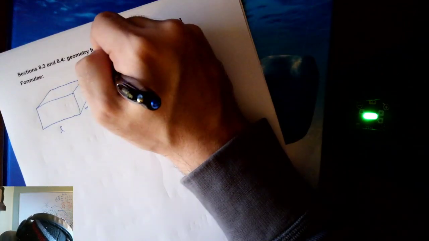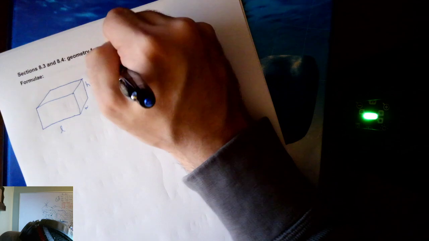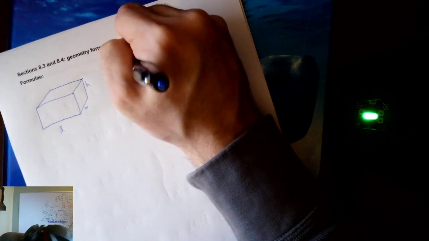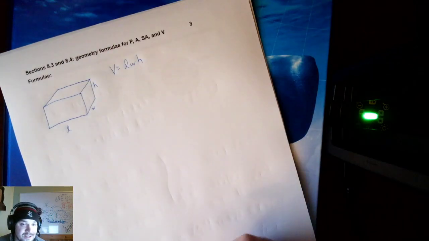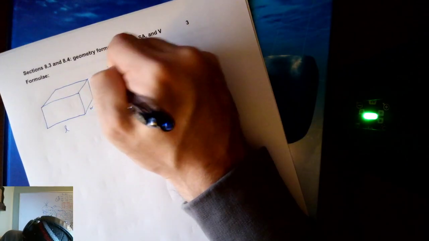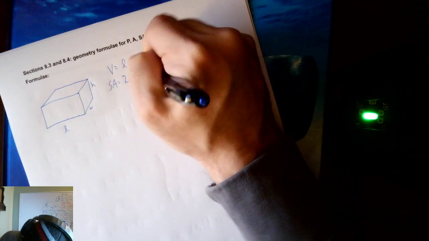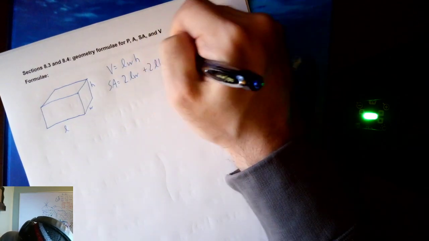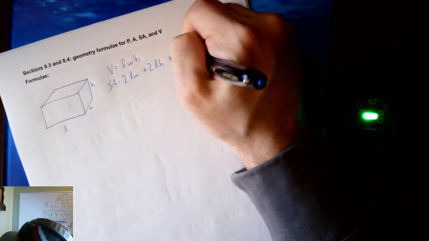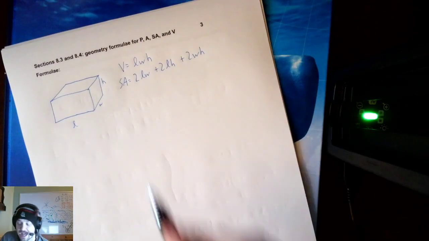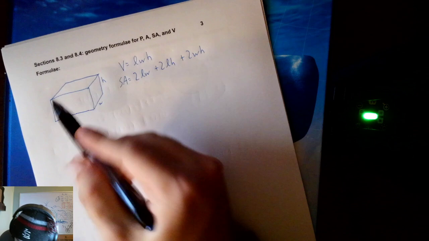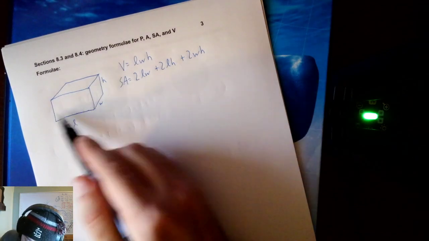Now, the formulas for a box: volume is length times width times height. You just multiply the different dimensions together. And surface area is 2 length width plus 2 length height plus 2 width height. This formula should make sense. Look at this rectangle here.